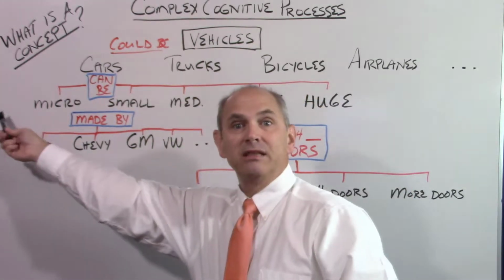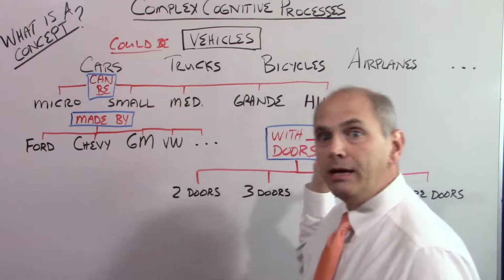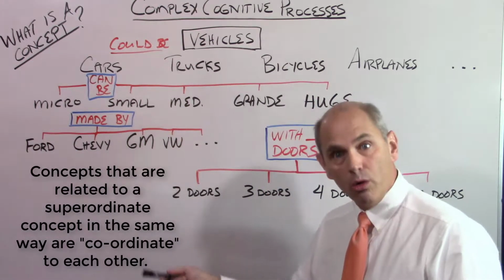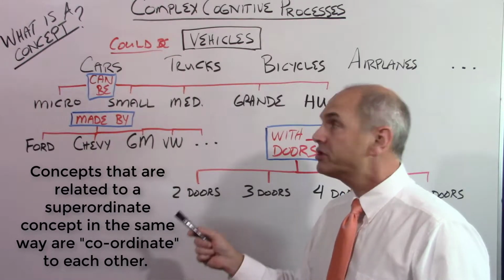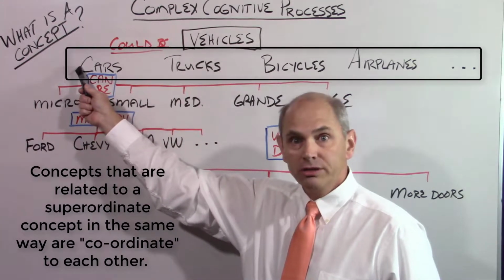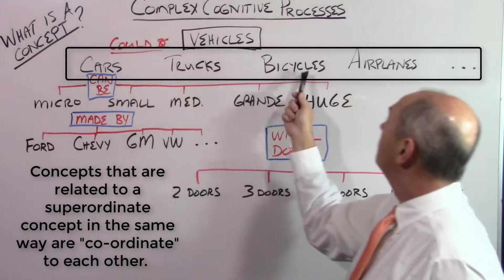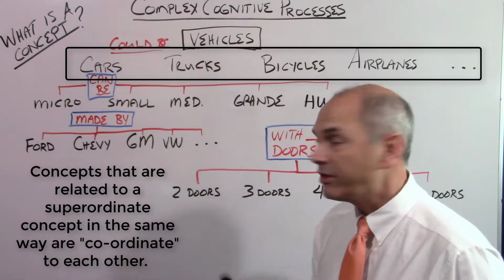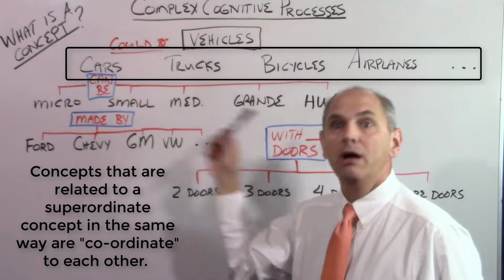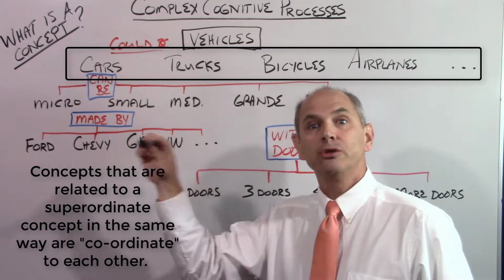Anything that is in the same row is considered to be coordinate to everything else in that row. So, if we look at cars, trucks, bicycles, airplanes, and anything else, mopeds, whatever that happens to be in that row, those are all coordinate to each other.